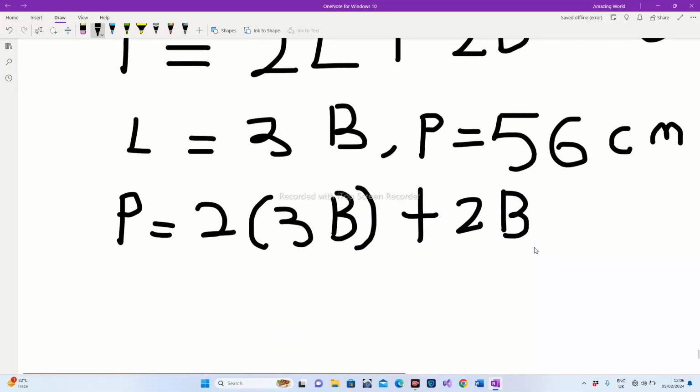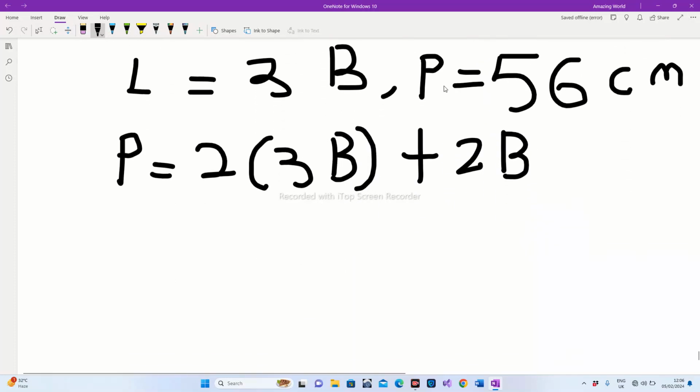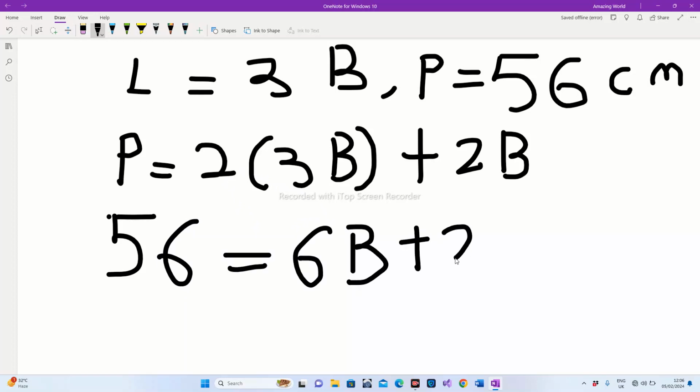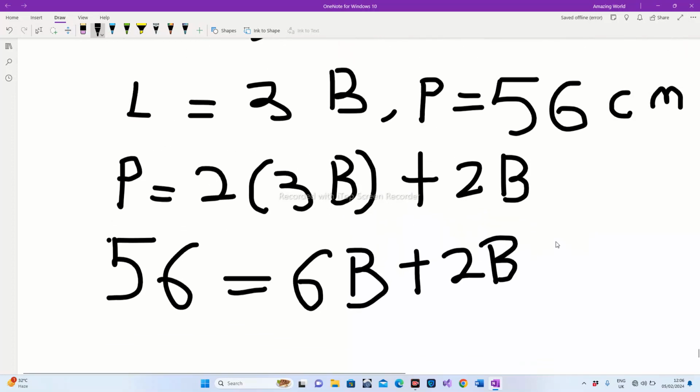I hope that is very well cleared. And then we have that the perimeter of the rectangle is 56 centimeter. So we have this 56 is equals to 2 times 3b. That will give us 6b plus 2b. I believe we all are understanding very clearly.